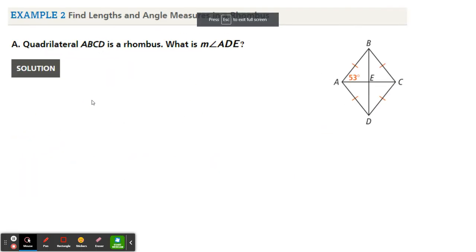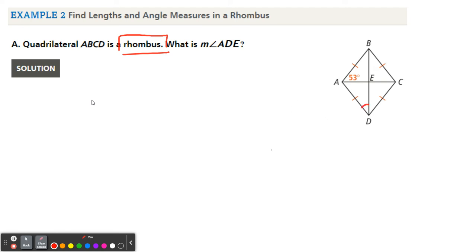Example 2: ABCD is a rhombus. What is the measure of angle ADE? So ADE is this angle right there. Let's recall that we have diagonals that are perpendicular, and these four triangles are congruent. So if I focus on triangle ADE, because the diagonals are perpendicular, I know that angle E here is a right angle.